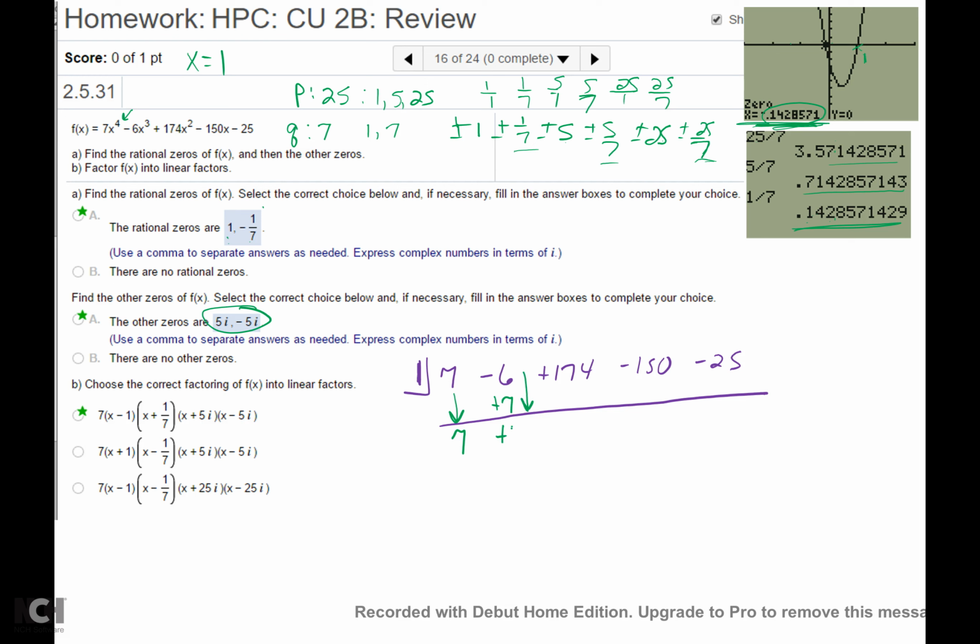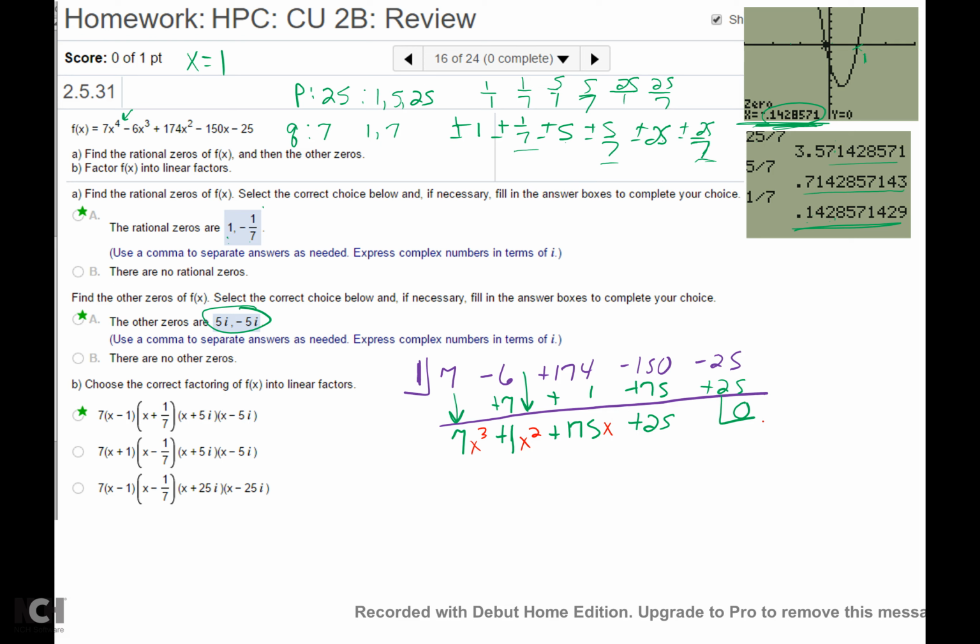Negative 6 plus positive 7 comes out positive 1. 1 times 1 is positive 1, comes out positive 175, times 1 is 175. Negative 150 plus 175 is positive 25. Positive 25 times 1 is positive 25, and negative 25 plus 25 is 0. So again, remainder 0, which it better be, or my graph is lying to me. So now I've dropped this down from a 4th degree down to a 3rd degree.